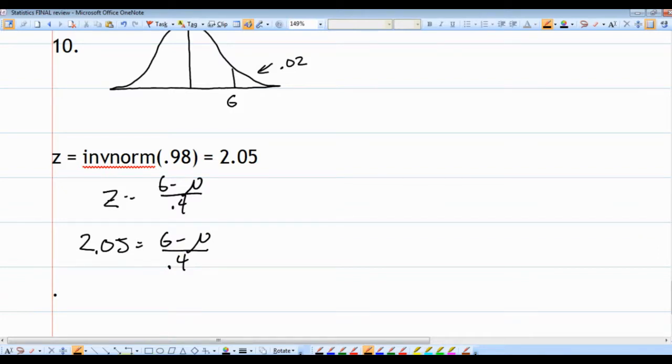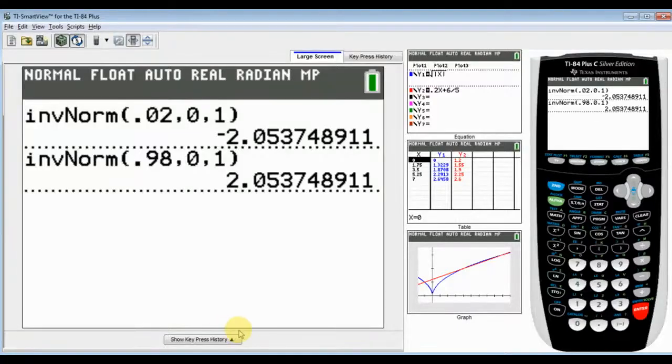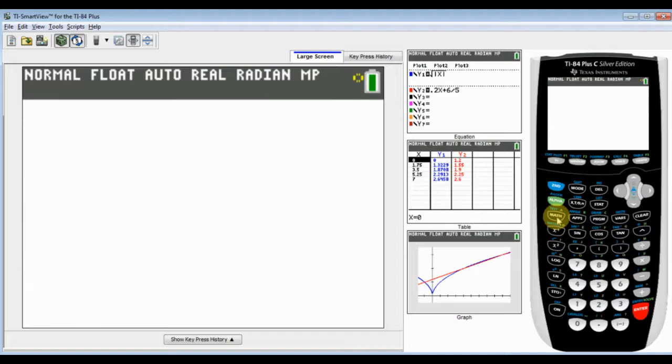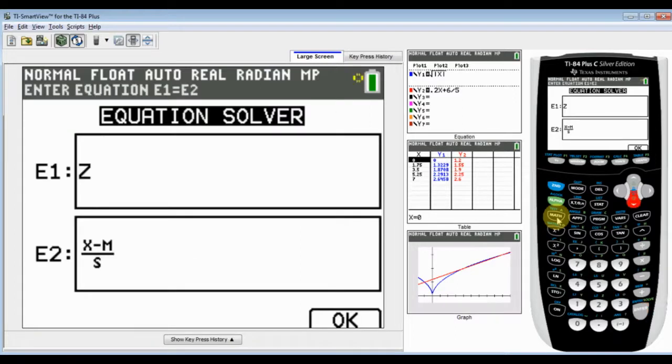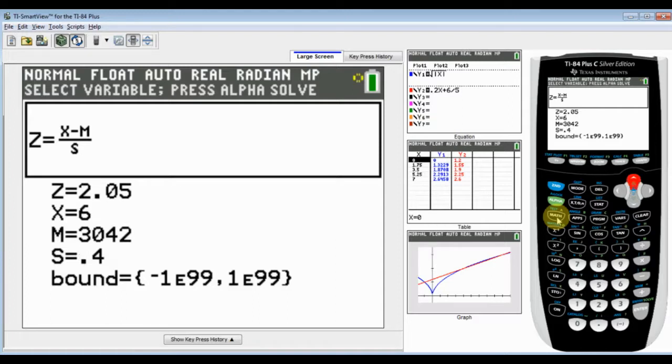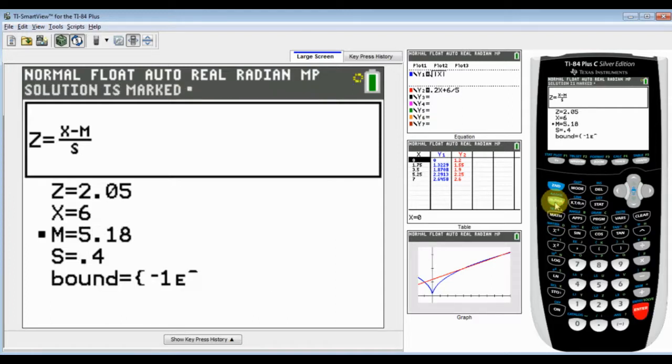And I set my calculator to do this for me. Yeah, that's right. So the z-score is 2.05, X is 6, the mean is unknown, the standard deviation is 0.4. And the mean is 5.18.